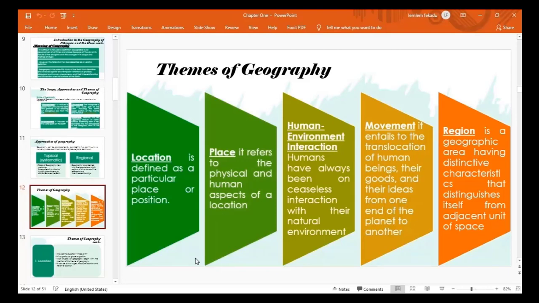These 5 fundamental themes were summarized by a joint committee of the National Council for Geographic Education and the Association of American Geographers, and are those basic concepts and topics that recur in all geographic inquiry and at all levels of instruction. The 5 basic themes of geography are location, place, human-environmental interaction, movement, and region.